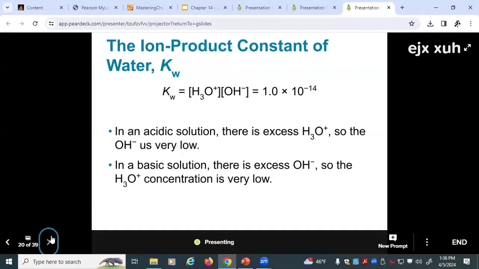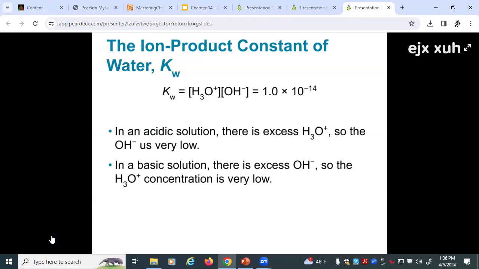And what this leads us to is because we have this relationship, we can actually put a number to it. The ion product constant of water, Kw, is always equal to 1 times 10 to the negative 14.